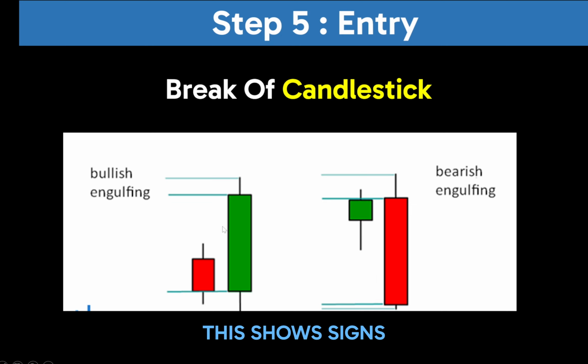This shows signs of further bullish or bearishness in the direction we want to go. So if I'm bullish, I just want to see a bullish engulfing of this last candlestick, and if I'm bearish, I want to see the opposite. I don't wait for the close of the candlestick when it's happening live. I just look for the candlestick to engulf.